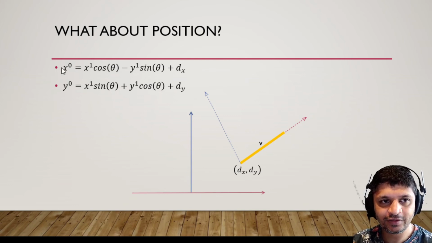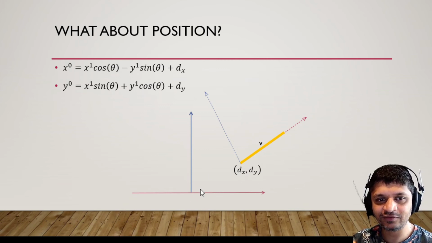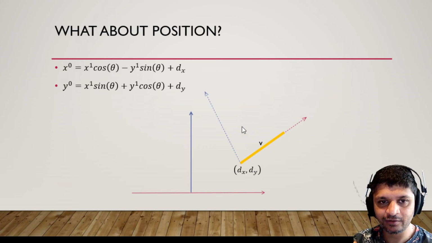So we previously had x naught equals x1 cos theta minus y1 sin theta, and y naught equals x1 sin theta plus y1 cos theta. And all we do now is we add the dx and dy, right? So if I had a point in space here somewhere, I first deal with the rotation exactly as I've dealt with the rotation before, and then I add dx and dy to give the correct coordinate in the world reference frame, right? Does that make sense?